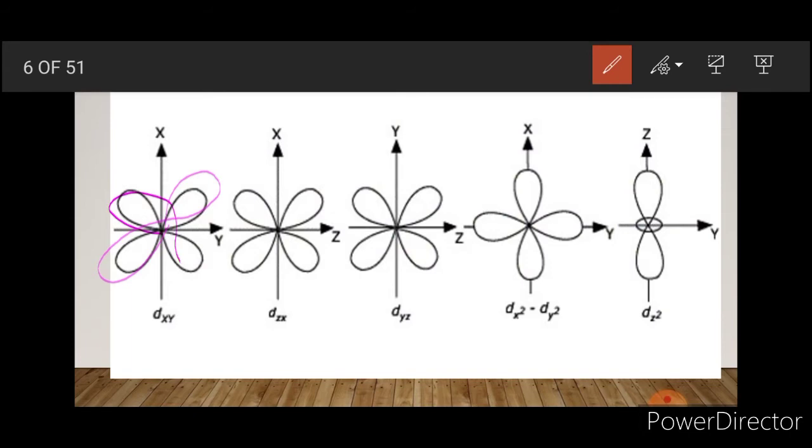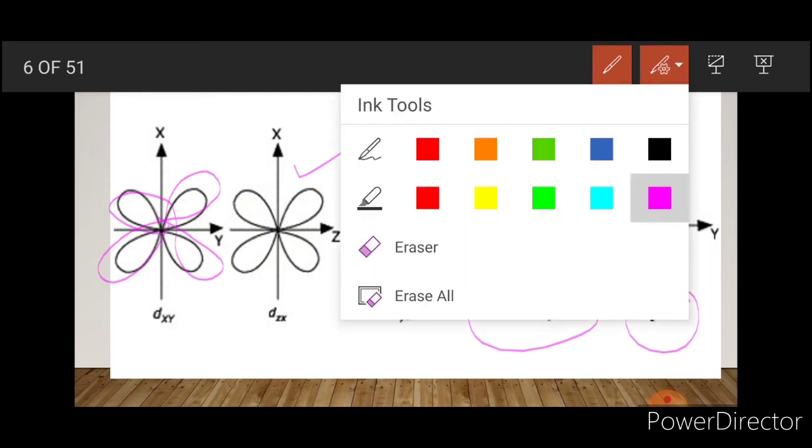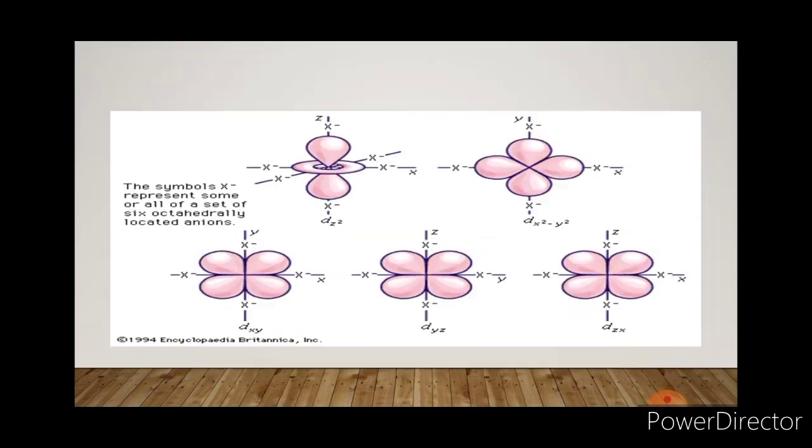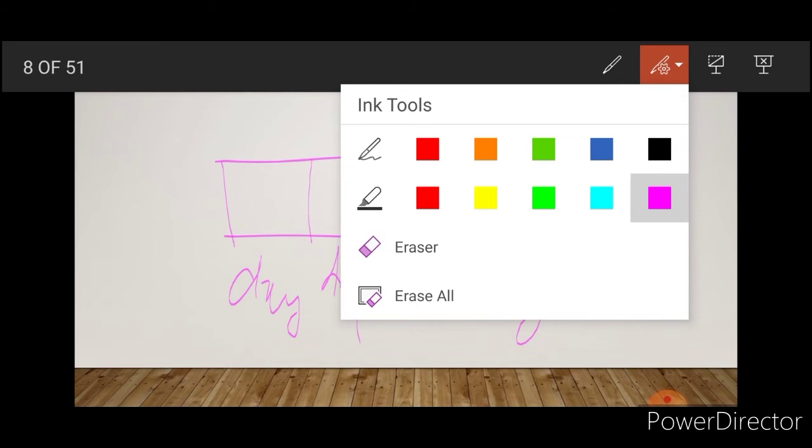Then dzx, dyz, dx square minus y square, dz square. Let me also draw all these diagrams. Let's draw it. You can draw with me in your copy.